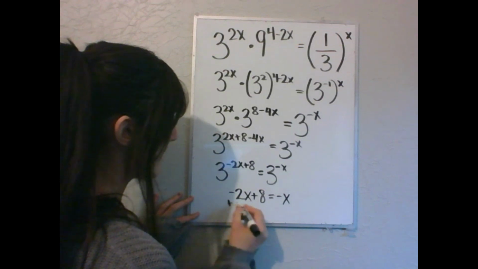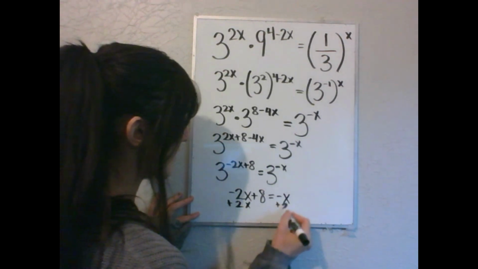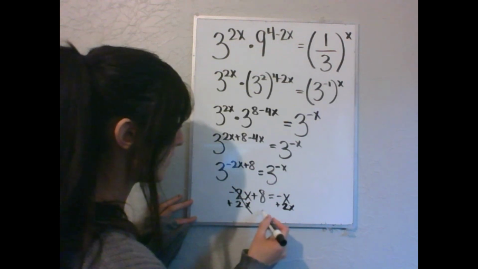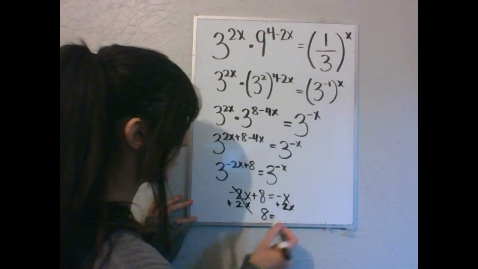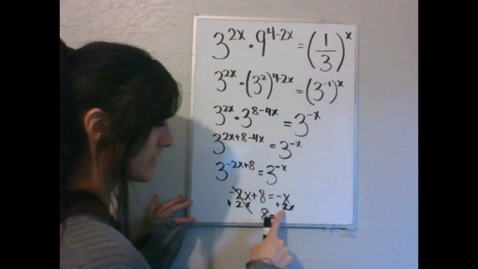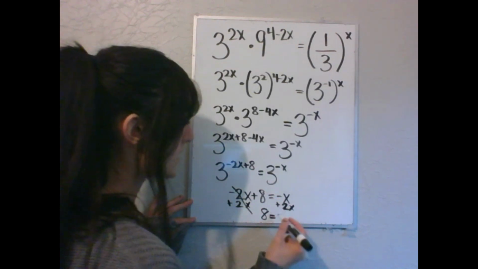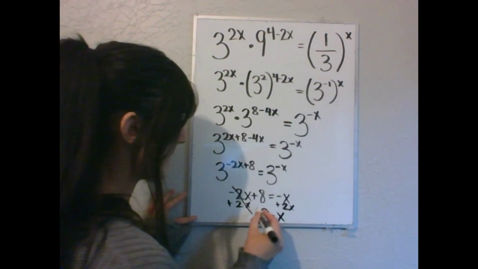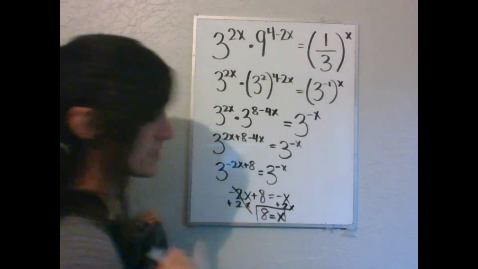So if I add 2x to both sides, it'll cancel out here, leaving me with 8 equals negative x plus 2x is a positive 1x. So I get 8 equals x, and that would be my final answer.